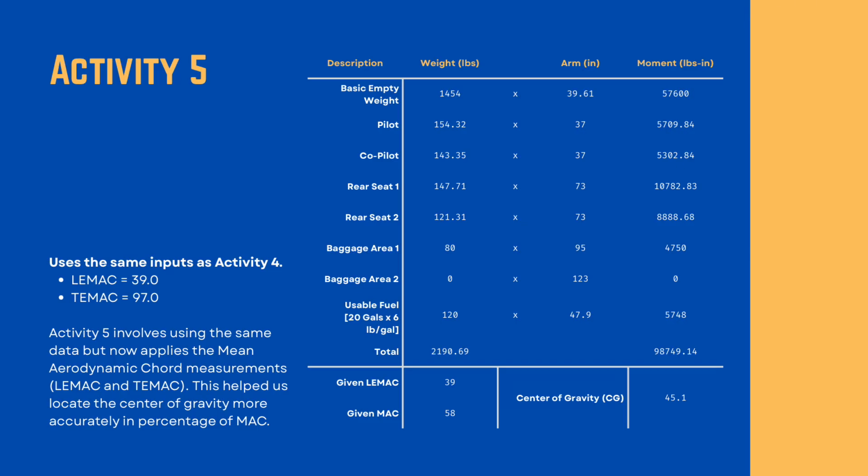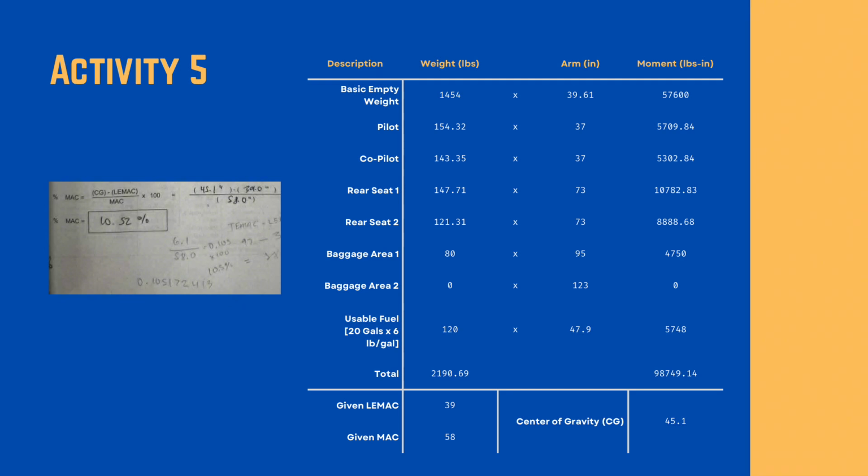Basically, it's 45.1 minus 39 over 58 times 100. The answer to that would be 10.5, or 10.52%.